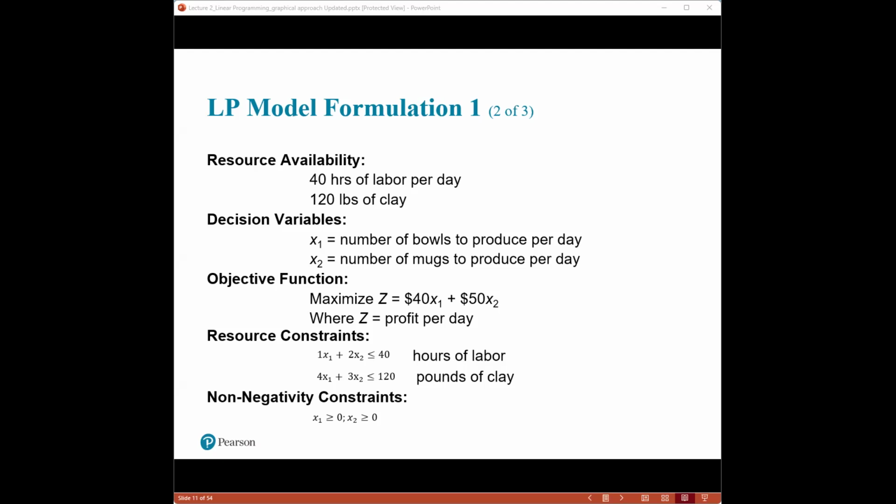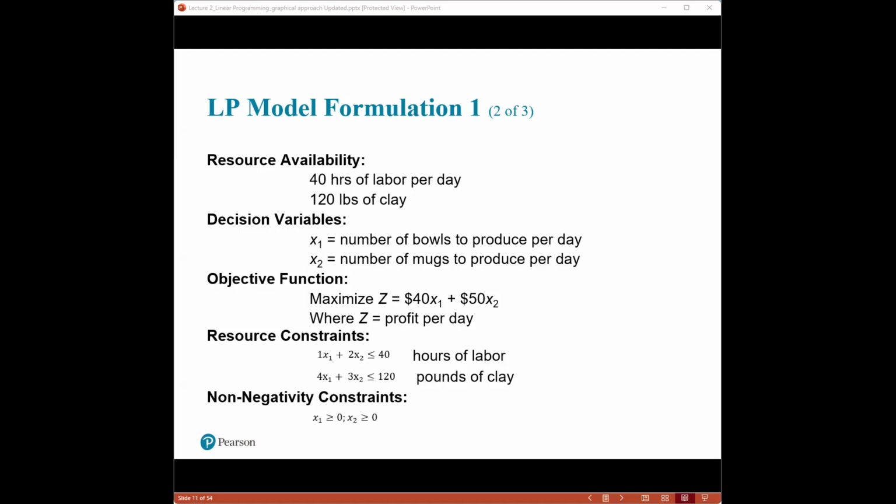Produce 24 bulls and 8 marks, to gain a profit of what? To get the profit, come and substitute the values in the objective function, the 24 and the 8. So here we have 40 times 24 plus 50 times 8. And we'll get how much?